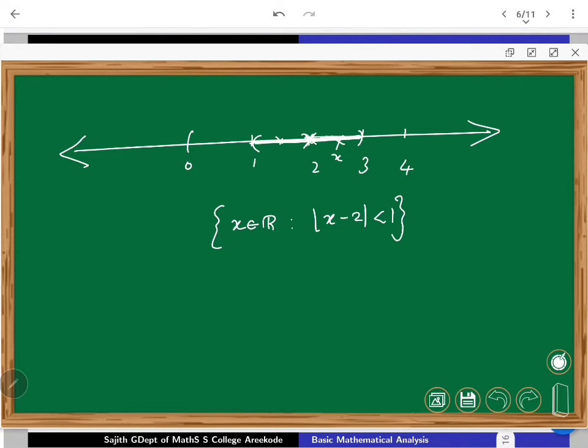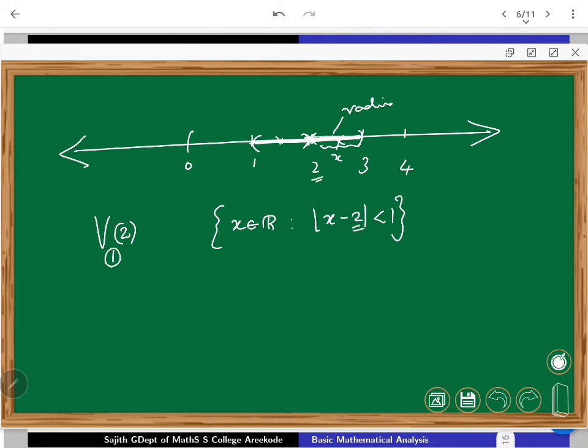So nearby points to 2, in fact centering at 2 with a distance of 1 unit, and that is usually called the radius. So this allows me to define a new terminology. I will call this set the neighborhood of 2 with radius 1, or the 1 neighborhood of 2, all such things you can say. So how will you write this? I will use the notation V1(2), which says that I am centering at 2. 2 is fixed here.